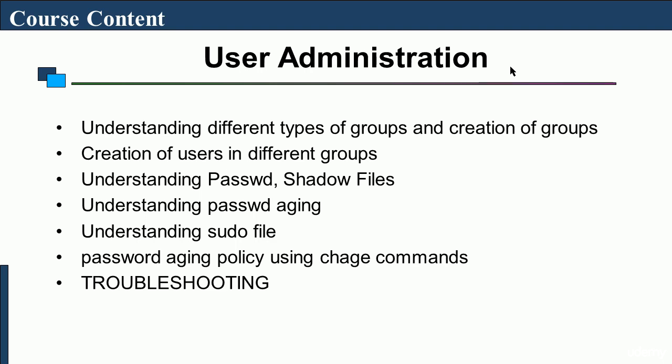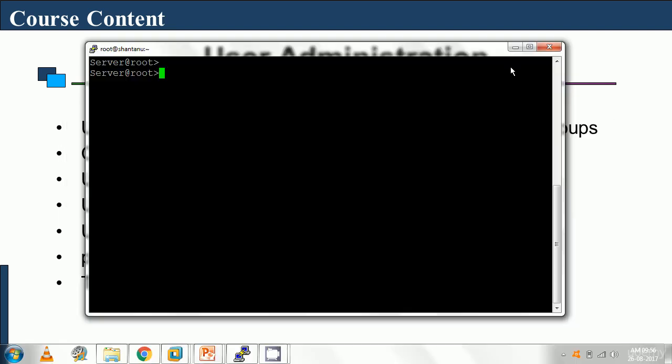So let me log in to one of my Linux servers and I will show you how to create a user, and once the user is created, what all the parameters or fields come in the /etc/passwd file. Okay guys, let me log into one of my Linux servers. This is my Linux server.